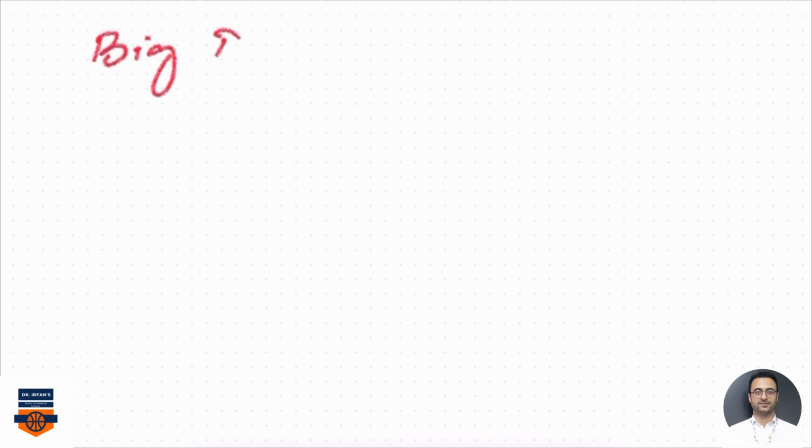Big data. So the literal definition of big data is that it is a term basically used to describe extremely large and complex data sets.